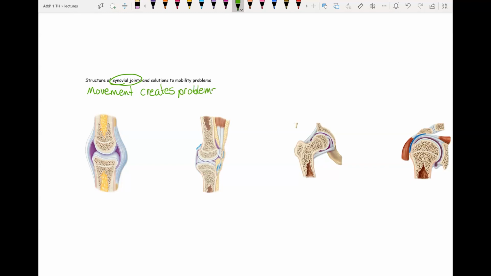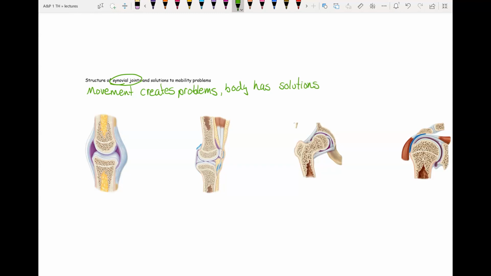All right, a lot of physiology is about learning problems and solutions. So whenever you have a problem, your body needs a solution to the problem. So we're going to look at synovial joints.